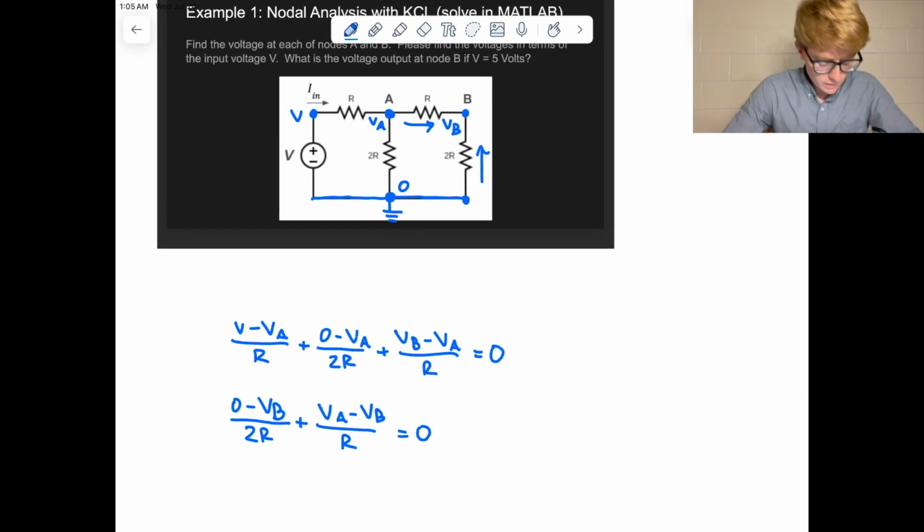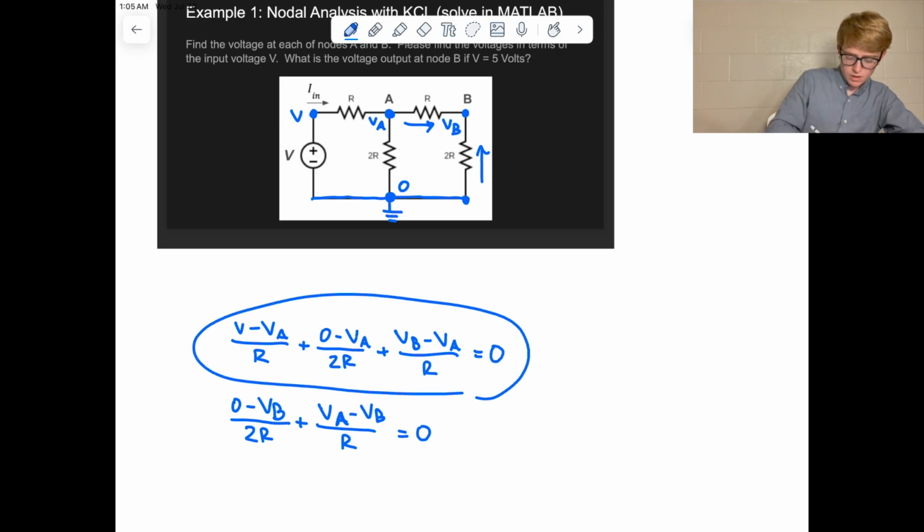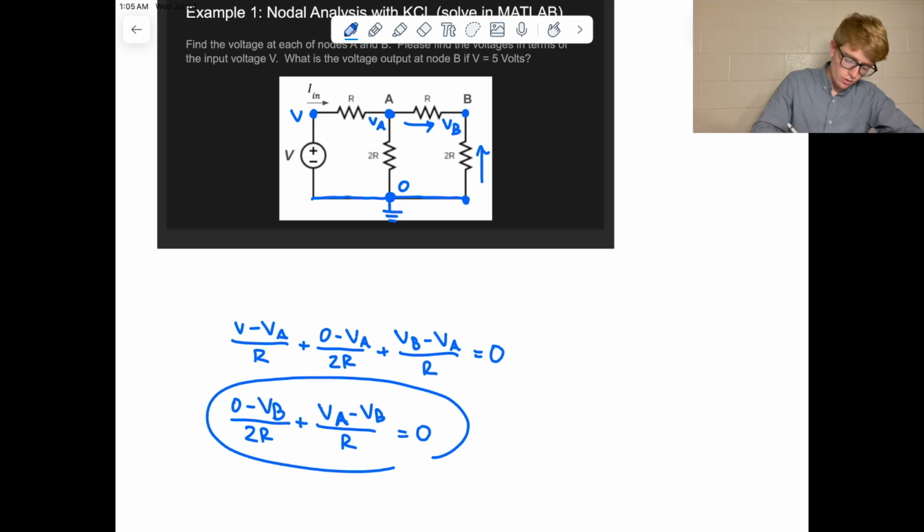So now, the reason I knew to also analyze what was going on at node B, right, is that we have two unknowns here. So we have VA and we have VB. But if I had stopped here, we would have had one equation and two unknowns. So I needed another equation here.